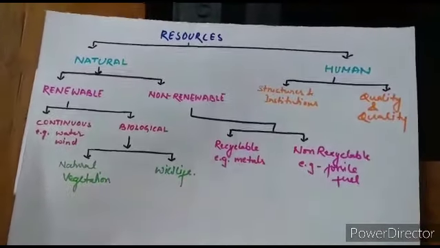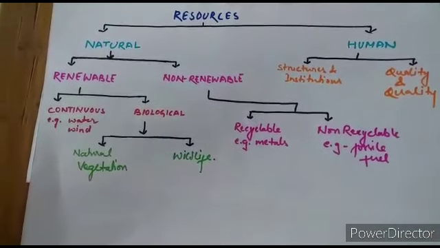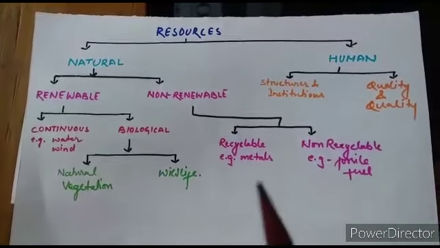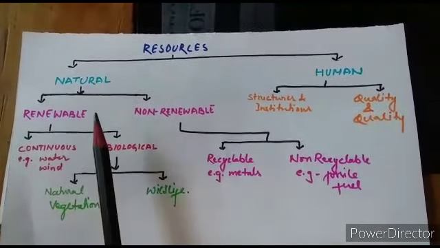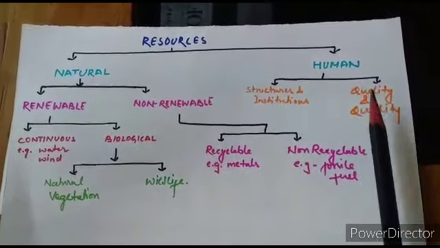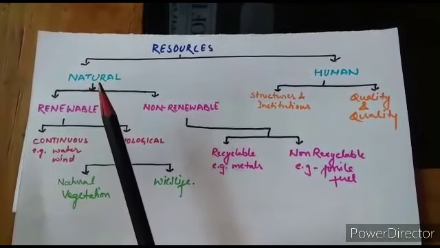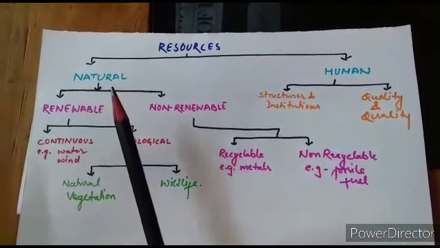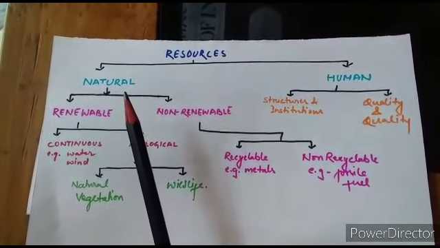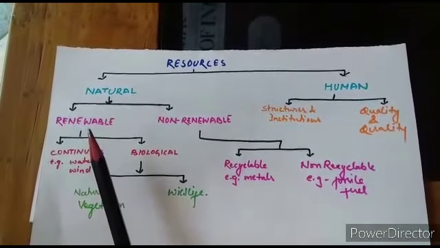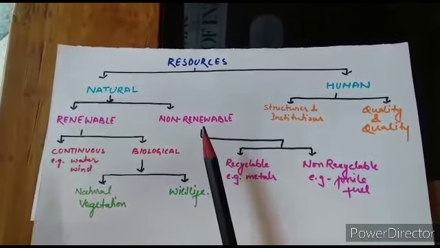Now we can see the classification of resource. Broadly, resources are classified into natural and human. Natural resources are those which are found in nature. We can divide natural resources into two parts, renewable and non-renewable resources.